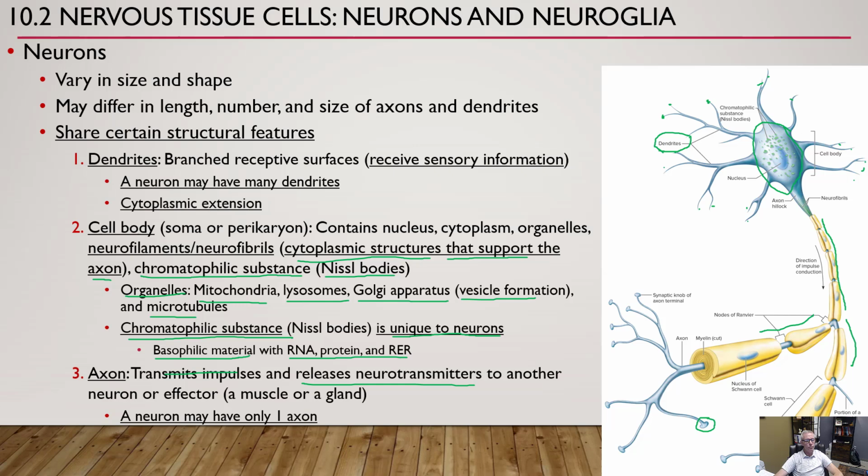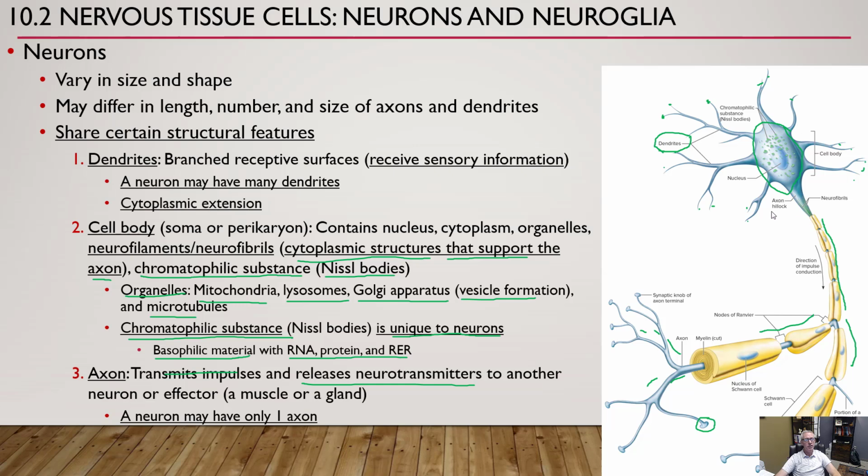And then down here, it branches off into 3 separate collaterals. And then down here, 2 more collaterals. Then it branches off and branches off and branches off. So one neuron can only have one main axon, but that axon can branch off.